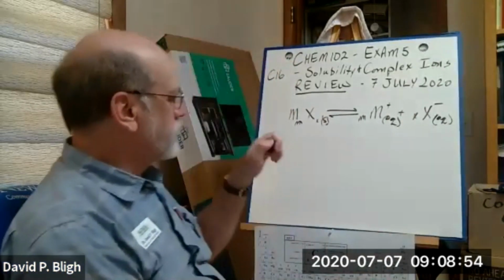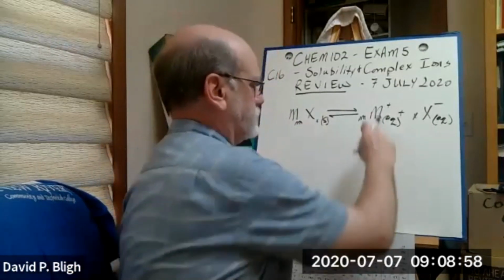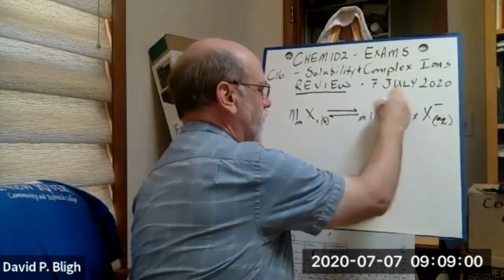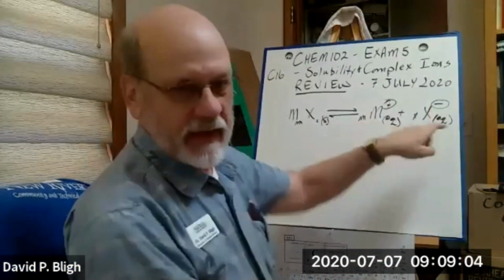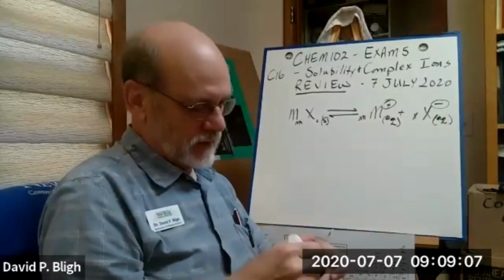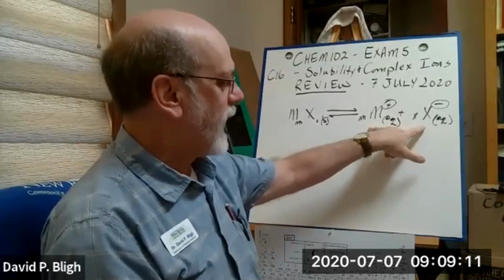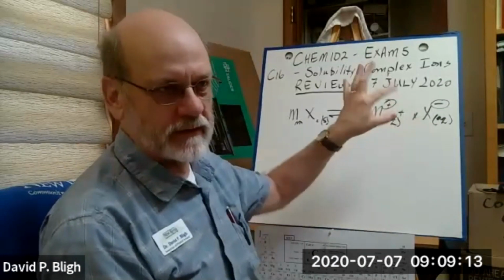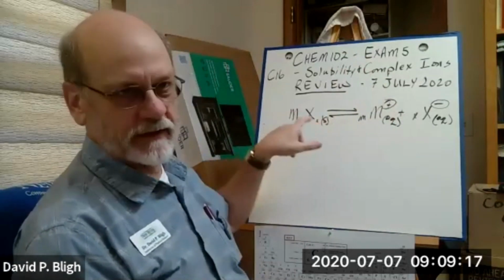Now I've written this one with just, actually, that could be any charge. And the M and X are the number of atoms of each element that define that solid.